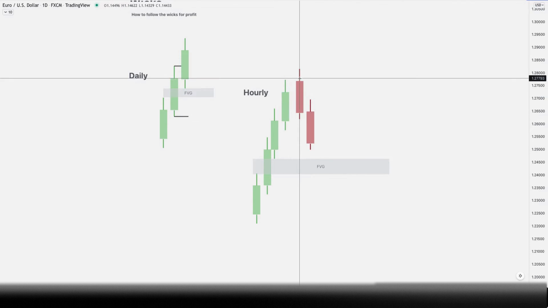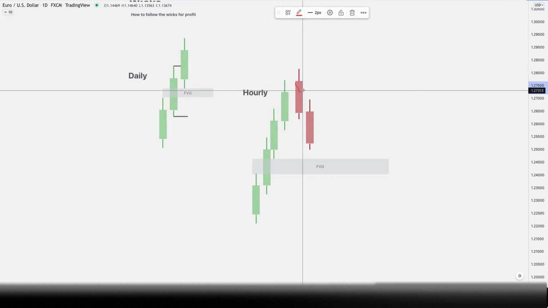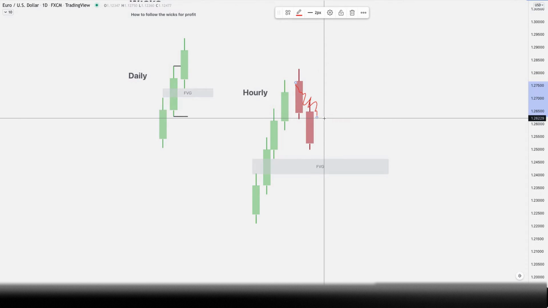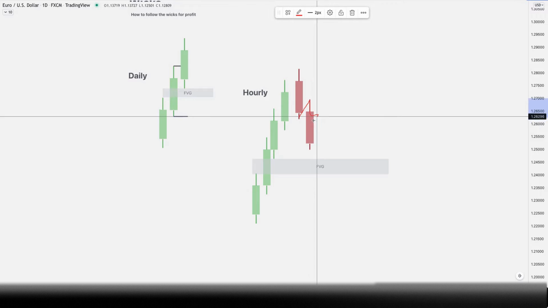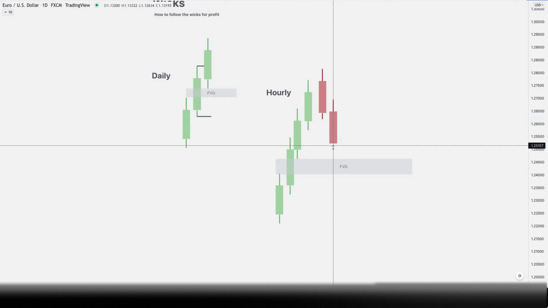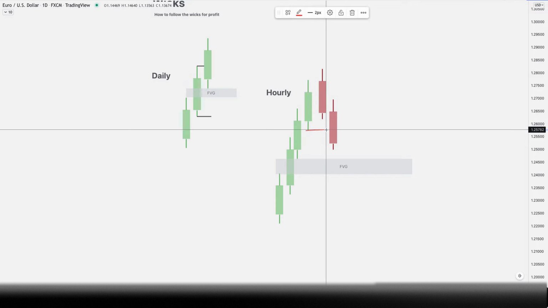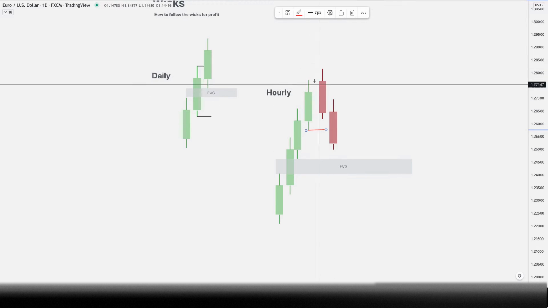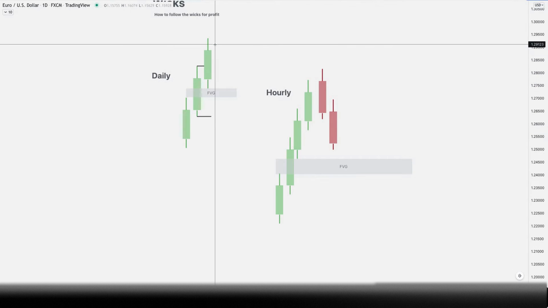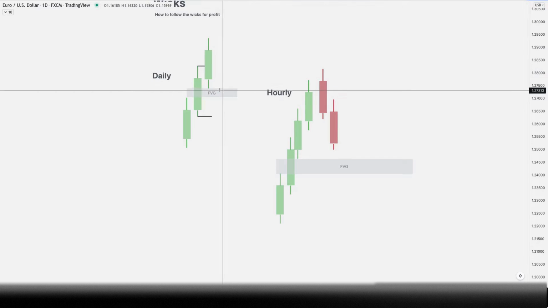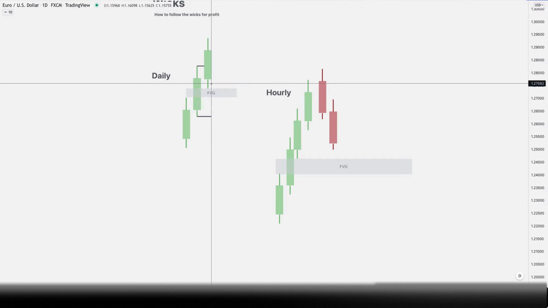So on a fractal scale, this would now start having tiny micro 5-minute trends down with a pullback and then tiny 5-minute trends down, because the internal structure of your hour has to break character. The order flow of the hourly has to break in order for the daily to mitigate the FVG.